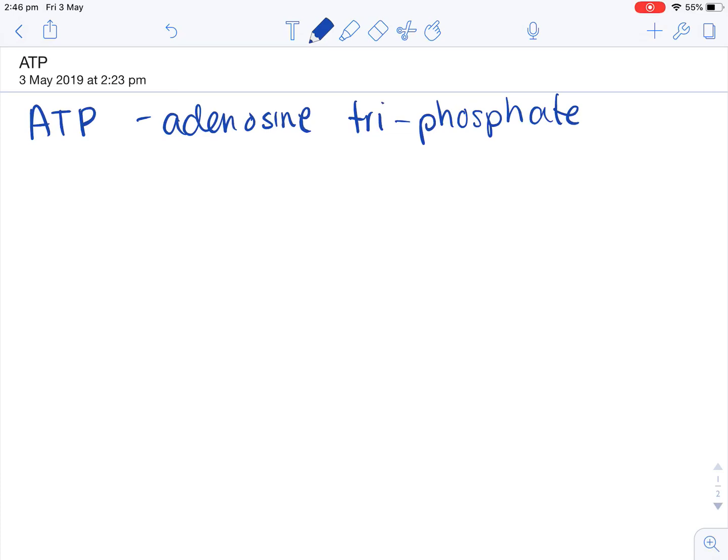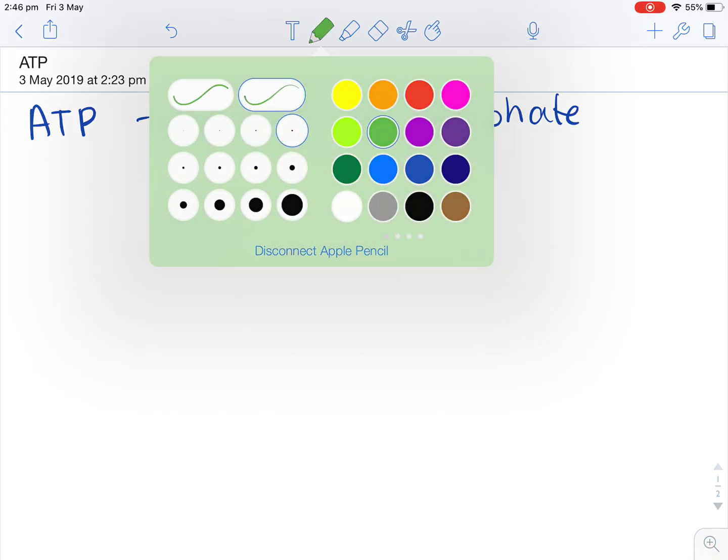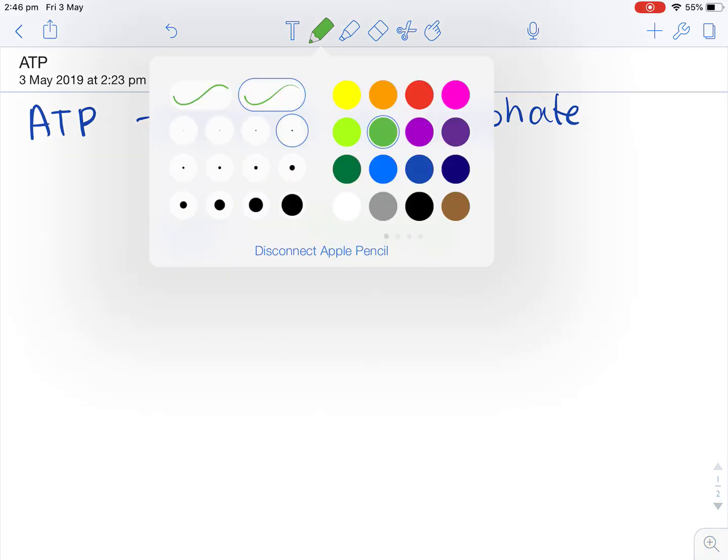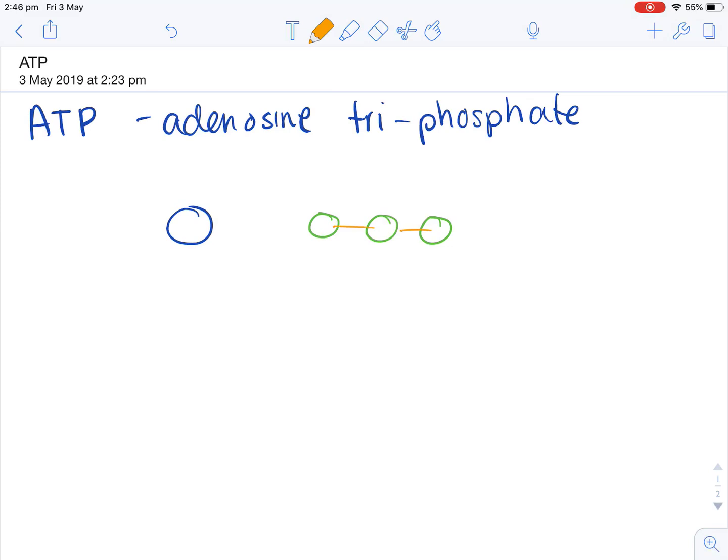So in the adenosine triphosphate molecule, we have one molecule of adenosine, and then three molecules of phosphate. They are all joined together by what's called bonds, and when those bonds break, that's when we create energy. So we've got our adenosine and we've got three phosphate molecules, adenosine triphosphate.